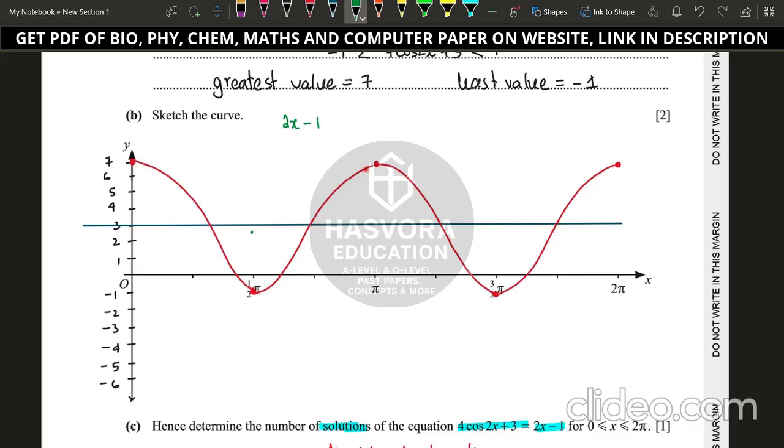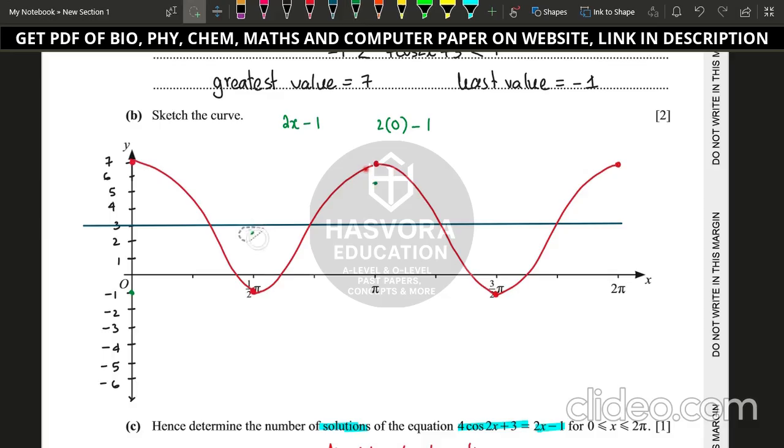So it is 2.14, and if you put x equal to 0, it is 2 into 0 minus 1, which gives you the y-intercept of minus 1, and then at pi it is going to give you the value of 5.12. So 5.12 is about this point.